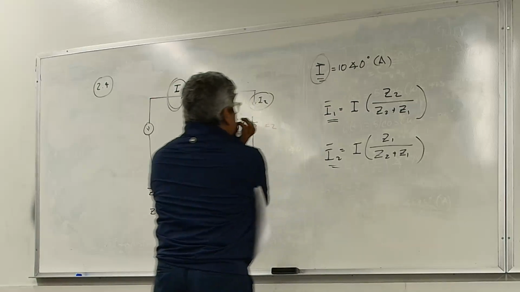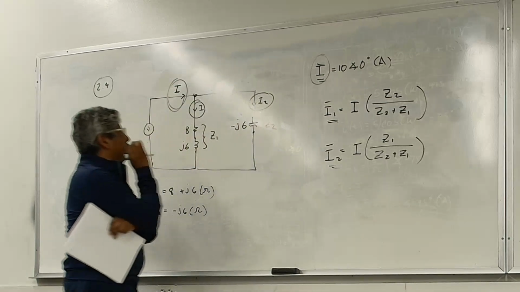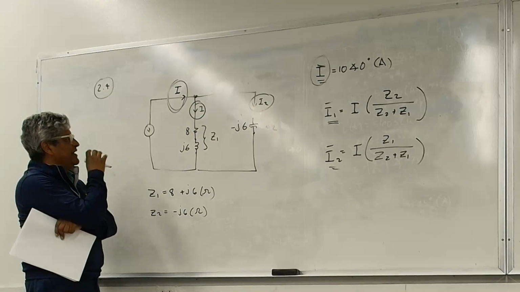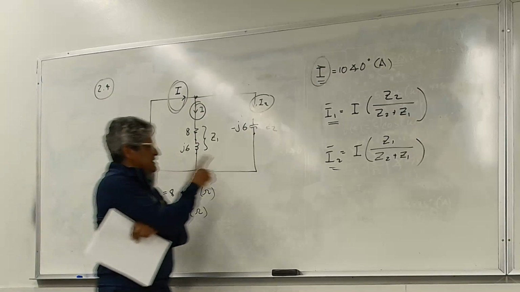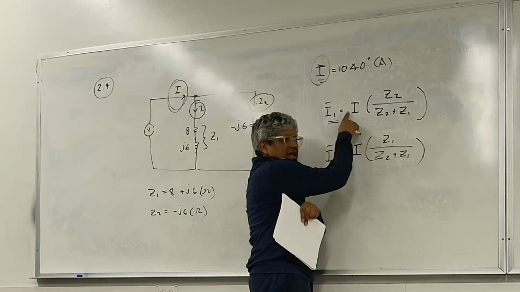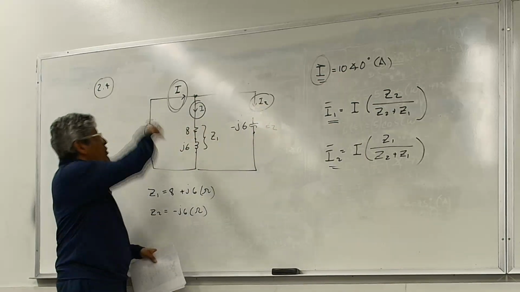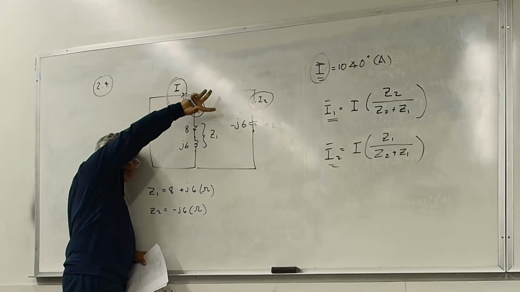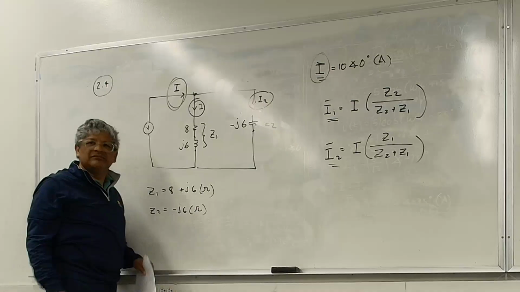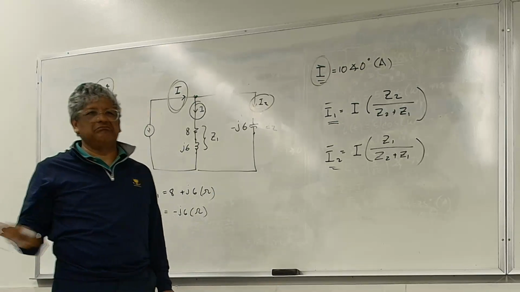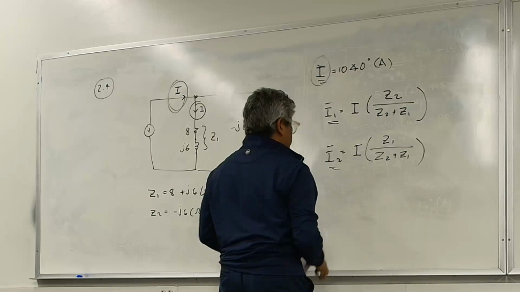And by the way, if we were to write the answer the right way, but I won't hold you on that, this should be a negative, and this should be a negative. The reason being is that currents coming into a node are positive, currents leaving a node are negative. Does that make sense, everybody? Let's not worry about that. For now, let's just do it this way.